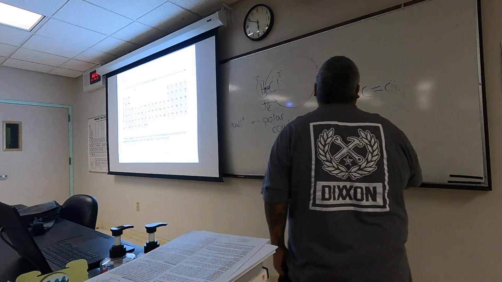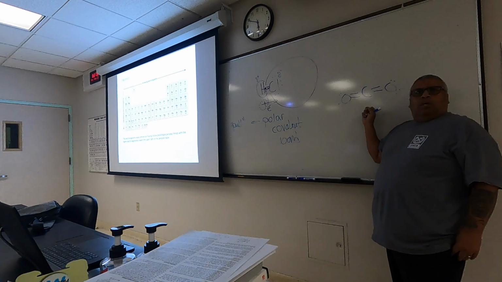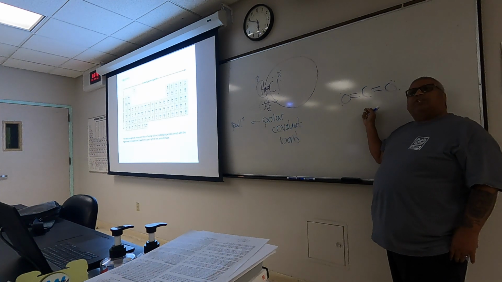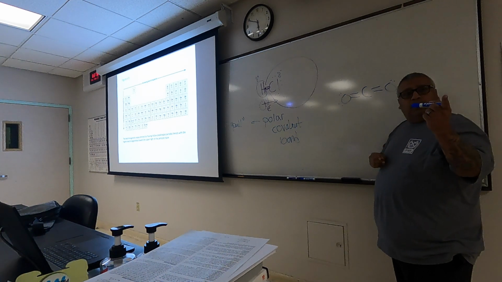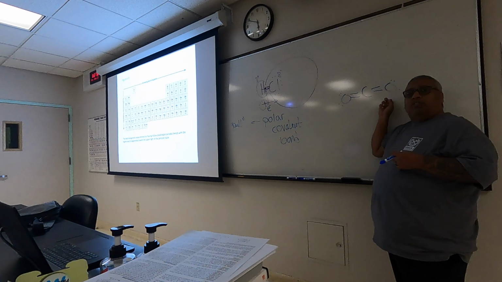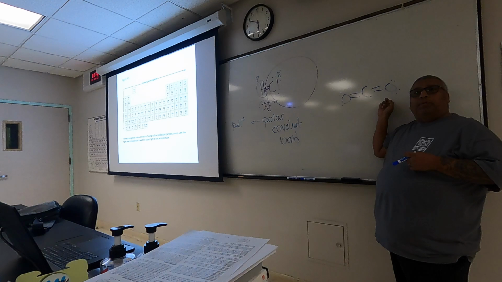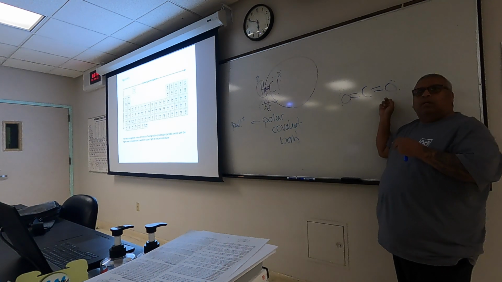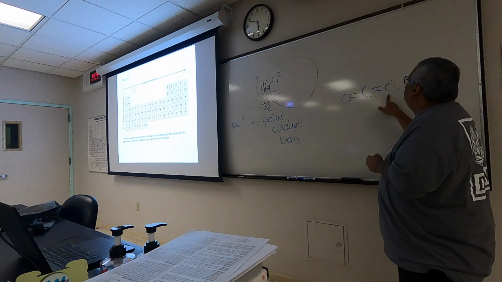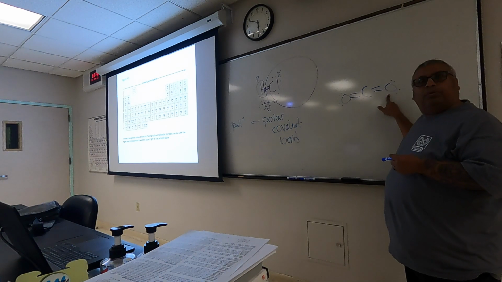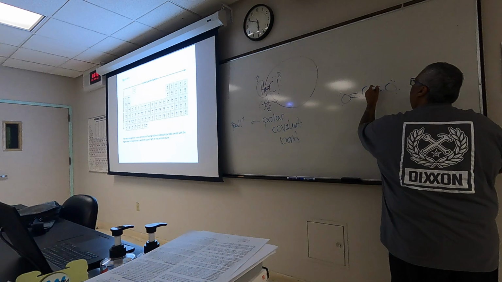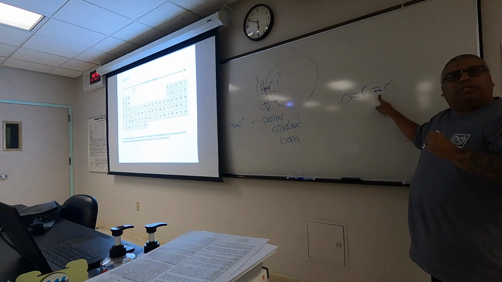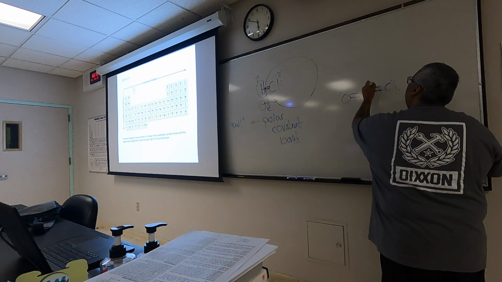Looking at the periodic table here, which one is more electronegative? The oxygen. So between carbon and oxygen, which one has a stronger pull? The one that's closer to fluorine. The oxygen. So the oxygen is the one that has a stronger pull on electrons. So each one of these lines represents 2 electrons. So there's 2 electrons in here.